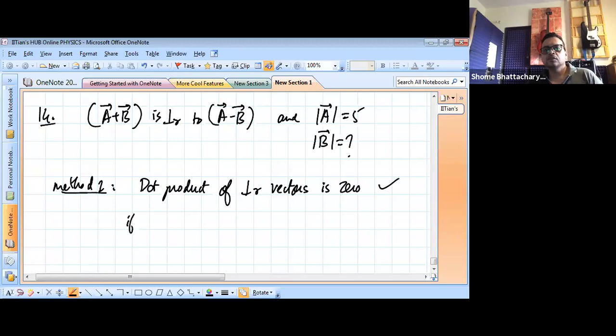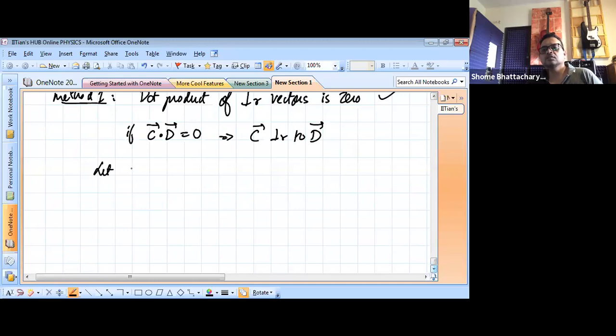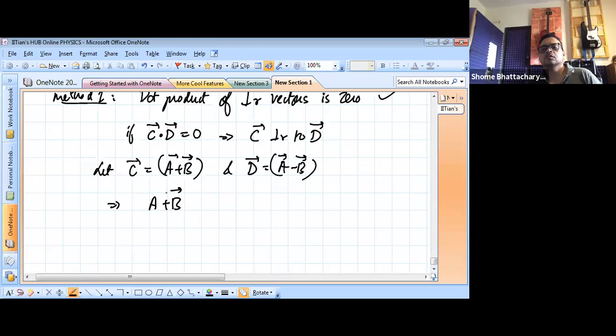That is, if C dot D, let's say 2 vectors, is 0, that means C is perpendicular to D. Any 2 vectors, right? So let us say C is the vector which is A plus B, and D is the vector which is A minus B. Then that means over here that A plus B dot product with A minus B should be 0.